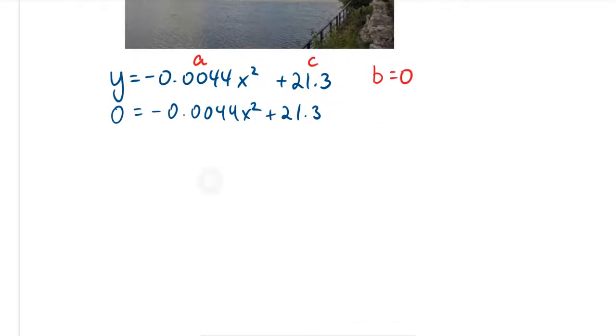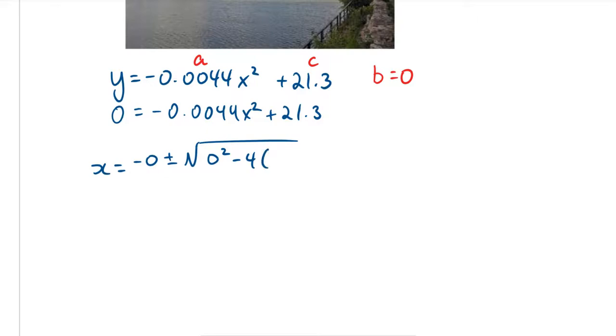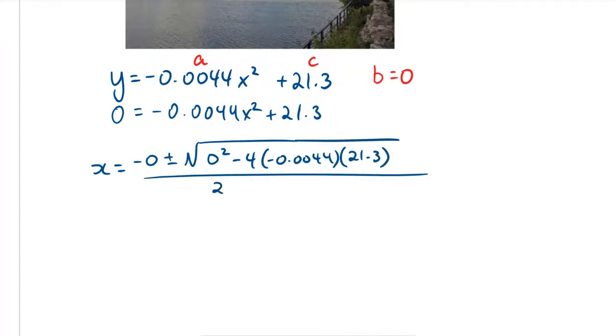So x equals negative b, which is negative 0, plus or minus the square root of 0 squared minus 4 times a, which is negative 0.0044, times c, which is 21.3. Everything's divided by 2a, so 2 times negative 0.0044. Make sure you put that negative number in brackets. You don't want to confuse anyone, because they might read it as 2 minus 0.0044. It's 2 times negative 0.0044.